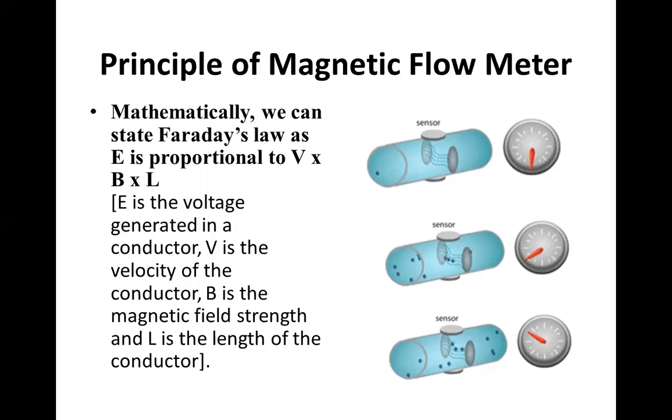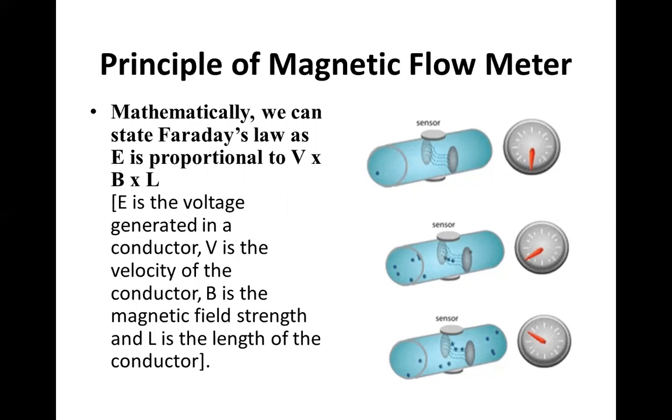It is very important that the liquid to be measured using the magnetic flow meter must be electrically conductive. Faraday's law indicates that the signal voltage E is dependent on the average liquid velocity V, the length of the conductor D, and the magnetic field strength B. The magnetic field will thus be established in the cross-section of the tube.